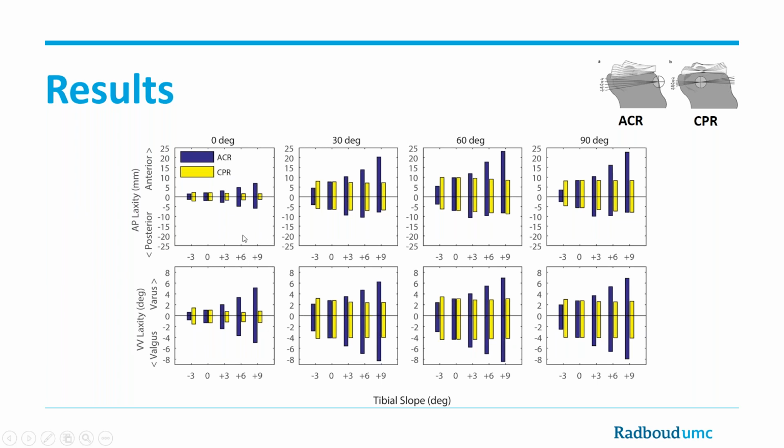The general trend that we see is that the laxity in the AP direction, but also in the varus-valgus direction, increases as the tibial slope increases with the ACR technique. The actual rate of increase is quite dramatic, which we think can lead to instability in the joint.